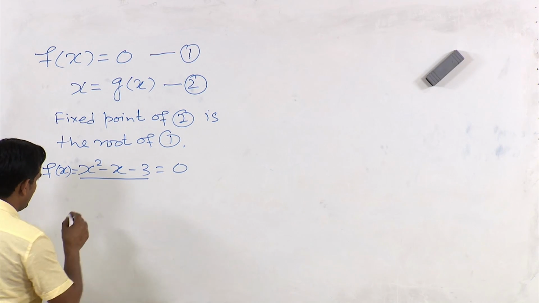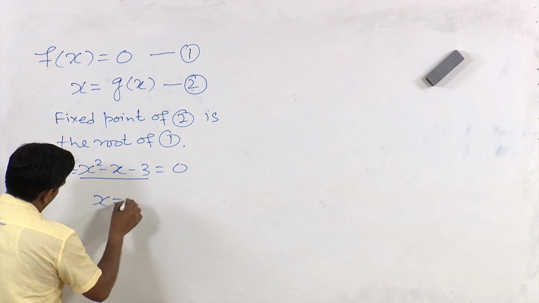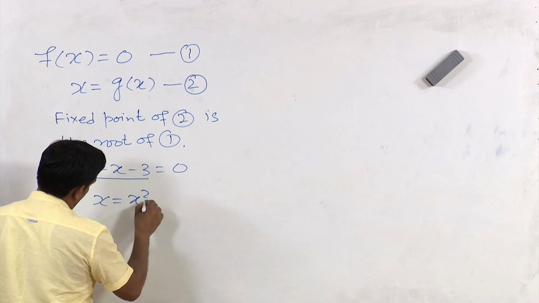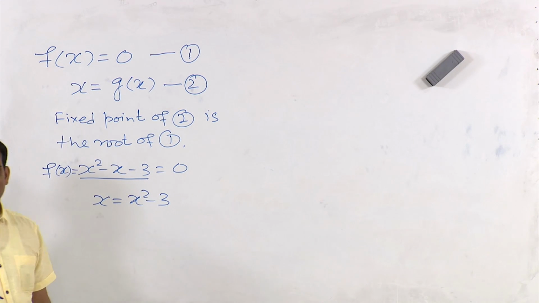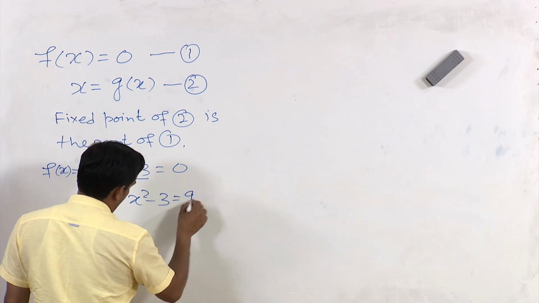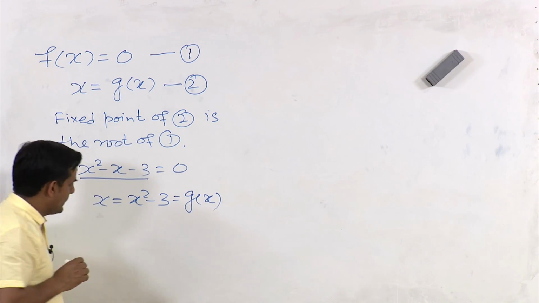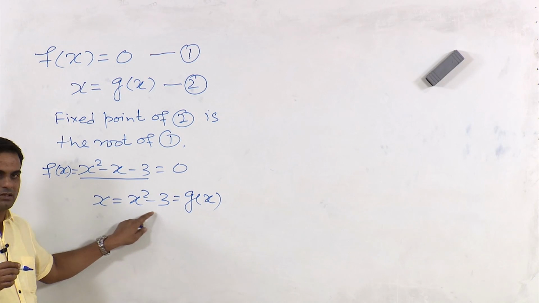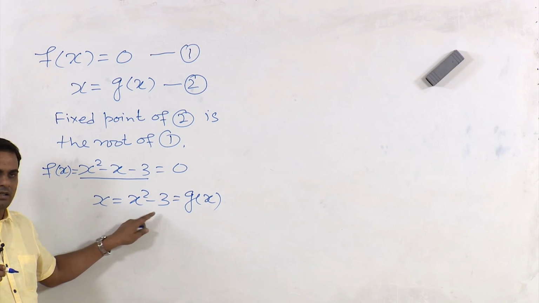I can write this as x = x² - 3, so here g(x) is x² - 3.